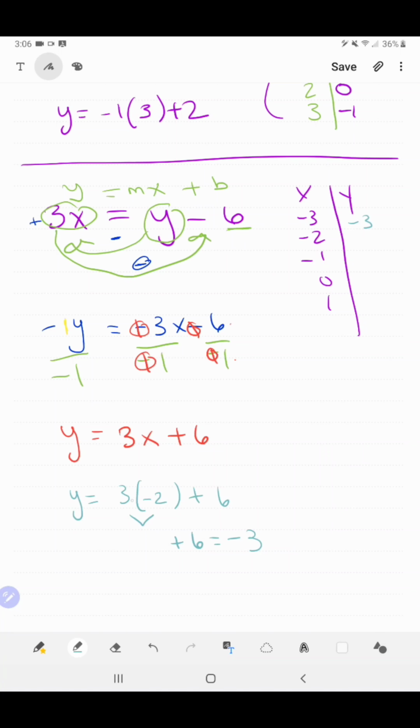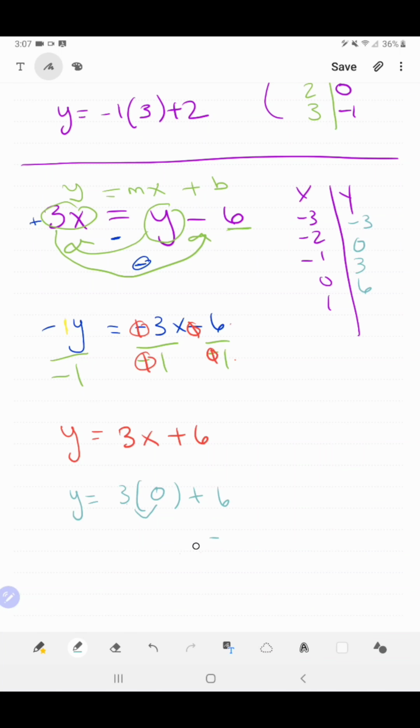Negative 2. 3 times negative 2 is negative 6, and then negative 6 plus 6 equals 0. Negative 1. 3 times negative 1 is negative 3. Negative 3 plus positive 6 is positive 3. And 0. 3 times 0 is 0. 0 plus 6 is 6.